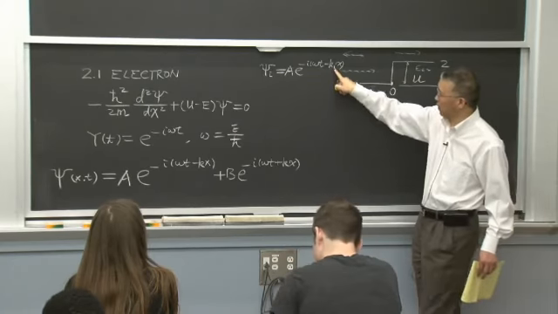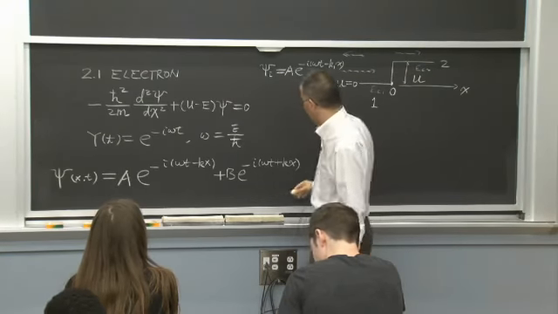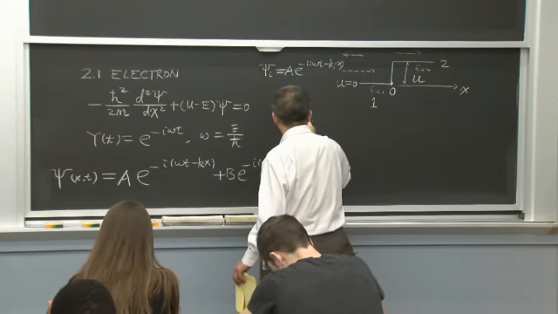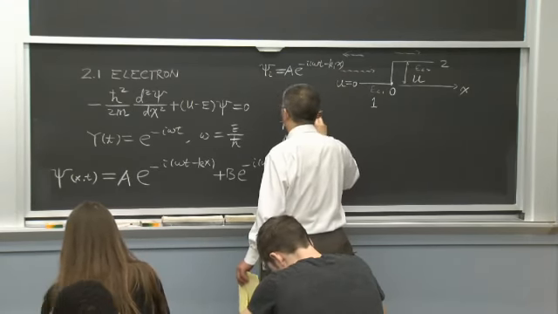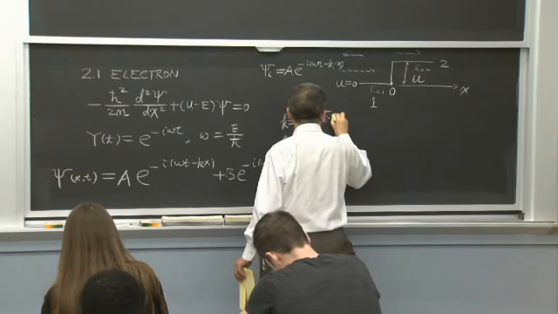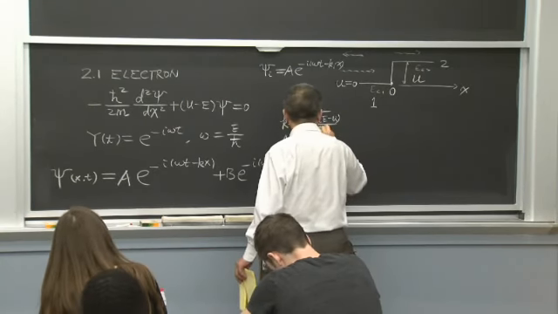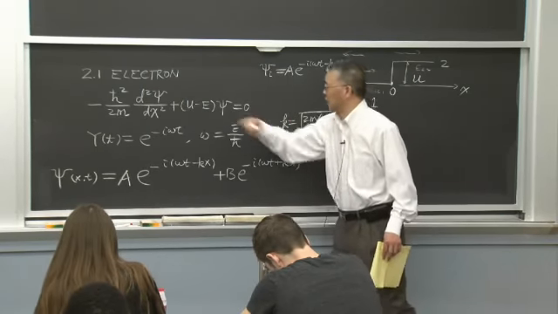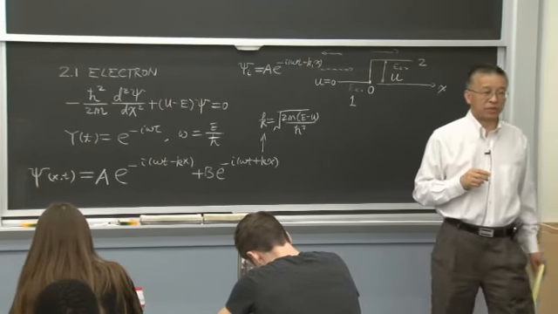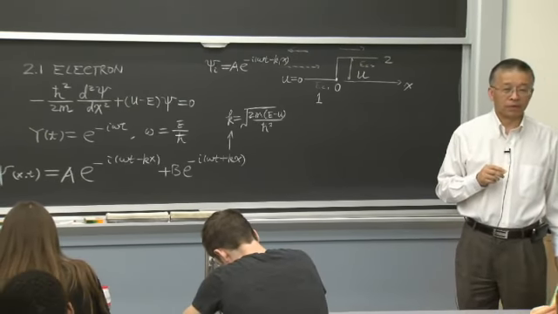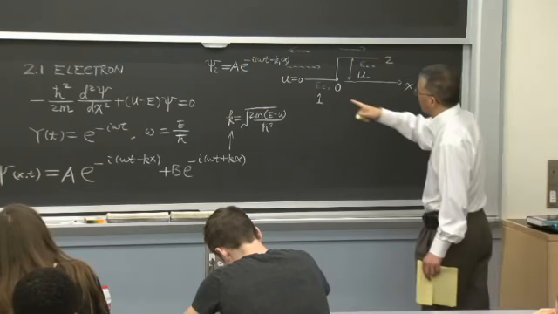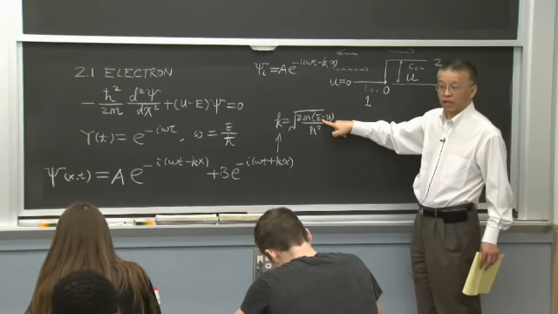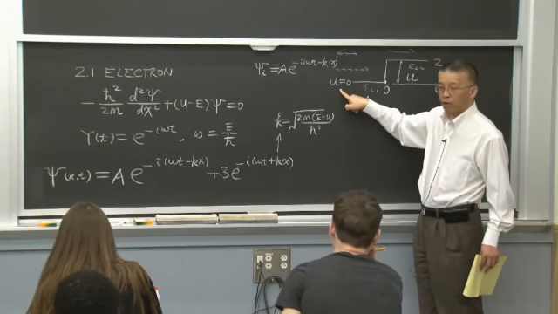My k is different here. If you look at this, k = √(2m(E − U)/ħ²). You combine this together and reverse the sign: E − U, not U − E. In this region, U equals 0, so whatever energy E the electron has, the potential is 0.